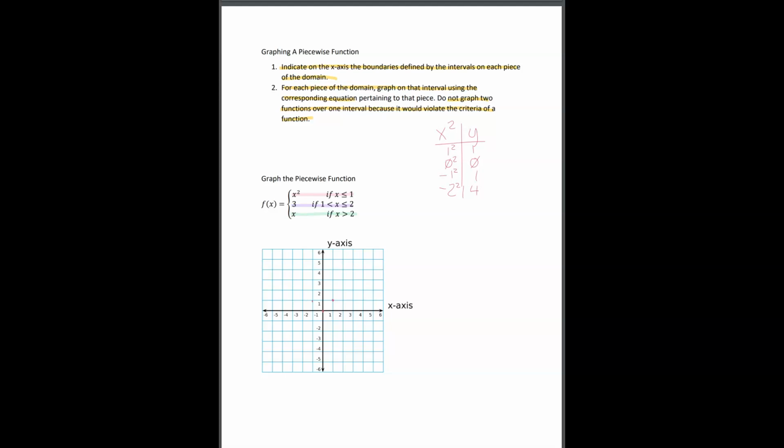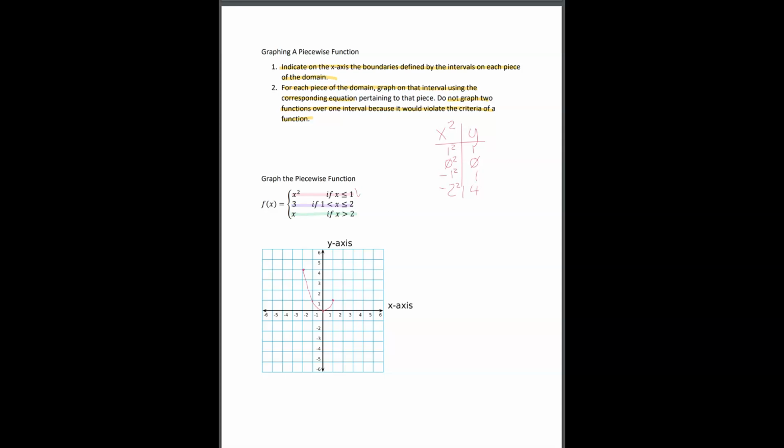That was -2, 4. I'm going to take off way up here. That's going to be 4. Okay, so that's going to be our parabola for that guy, right? So we could just go ahead and draw him. There we go. So that is this guy done.